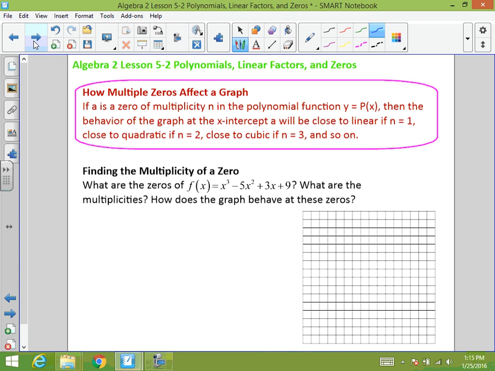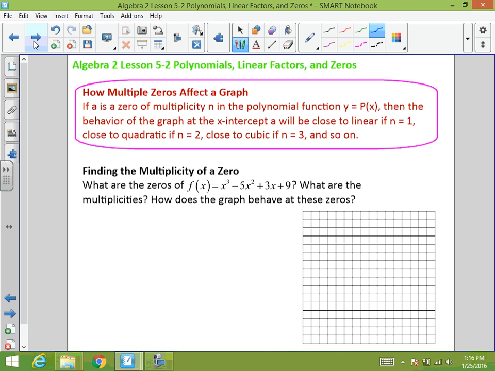So I have x to the 3rd minus 5x squared plus 3x plus 9.